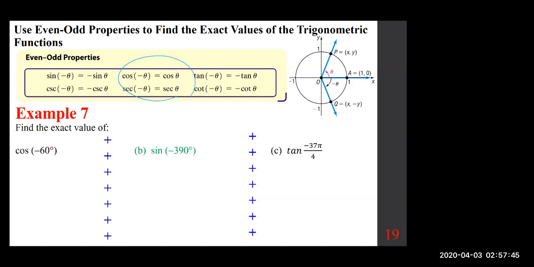If you look at this graph, theta and negative theta, you're looking at the reflection with respect to the x-axis. X doesn't change, therefore cosine doesn't change. If cosine doesn't change, secant doesn't change. And we're done. So now, quickly, cosine of negative 60 is the same as cosine of 60, and it's 1/2. Okay, class?